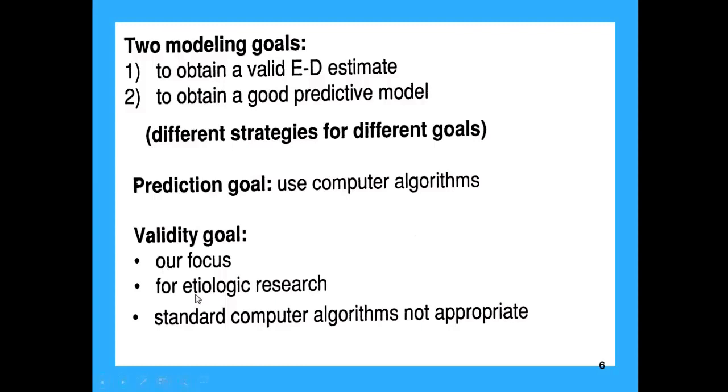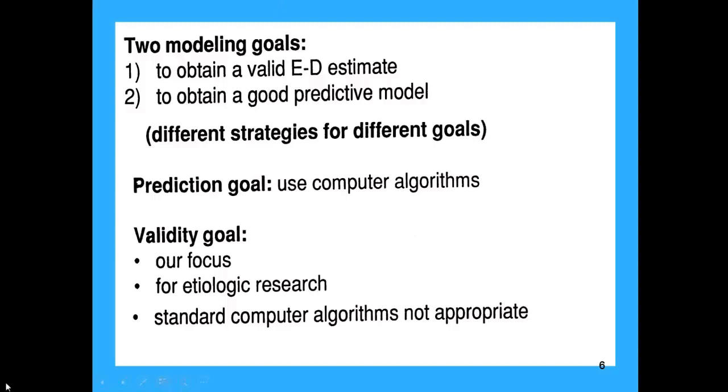Standard computer algorithms like backward or forward are not going to answer the question. They're missing something. They don't necessarily properly deal with confounding or interaction, if you just say, I'm going to do backward elimination and see what I get, or I do forward addition. We're going to be talking about validity here.